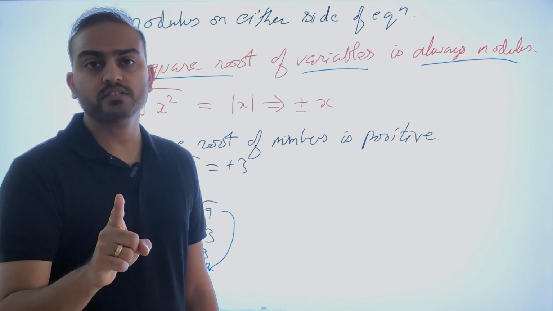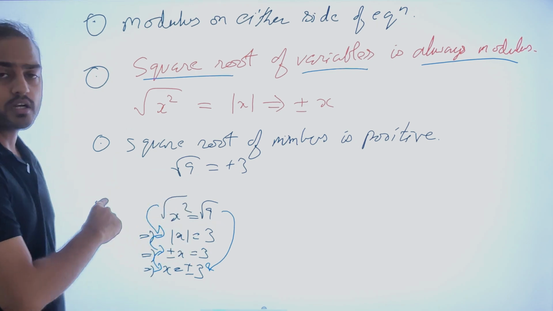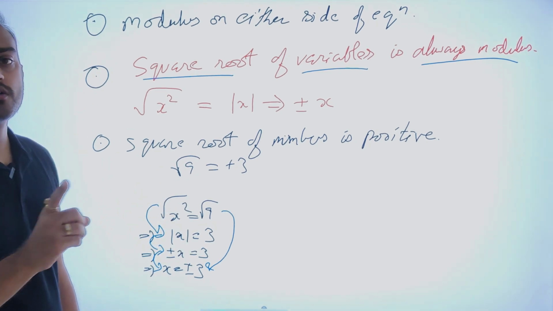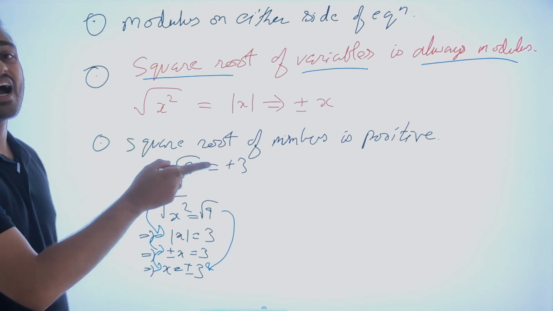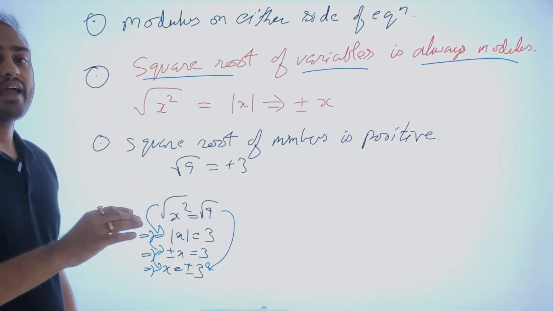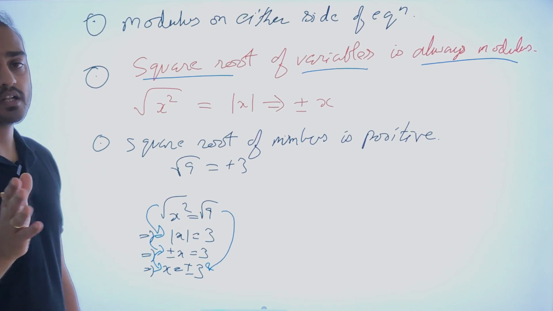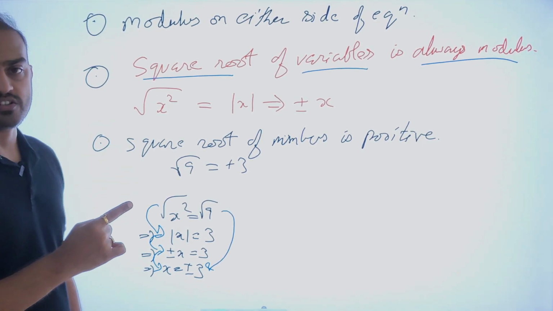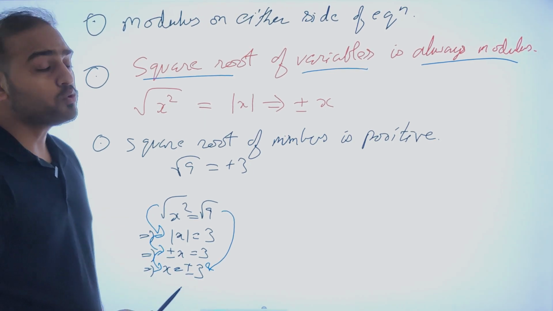When you have single modulus or multiple modulus on the same side of the equation. Method number 2, to remove the modulus, square both sides. When do we use that? When you have modulus on either side of the equation. Irrespective of the method you use, verify your answer. I hope you understand this. Let's move to questions.